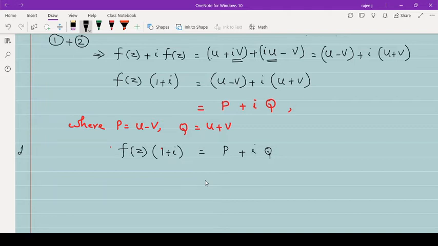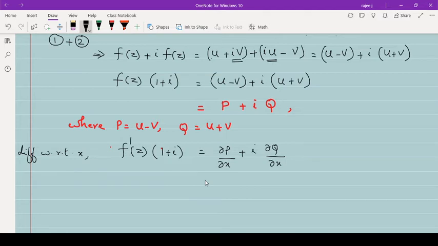It becomes f dash z into (1 plus i), and on the right it is p_x plus i q_x, where p_x means del p by del x and q_x means del q by del x.